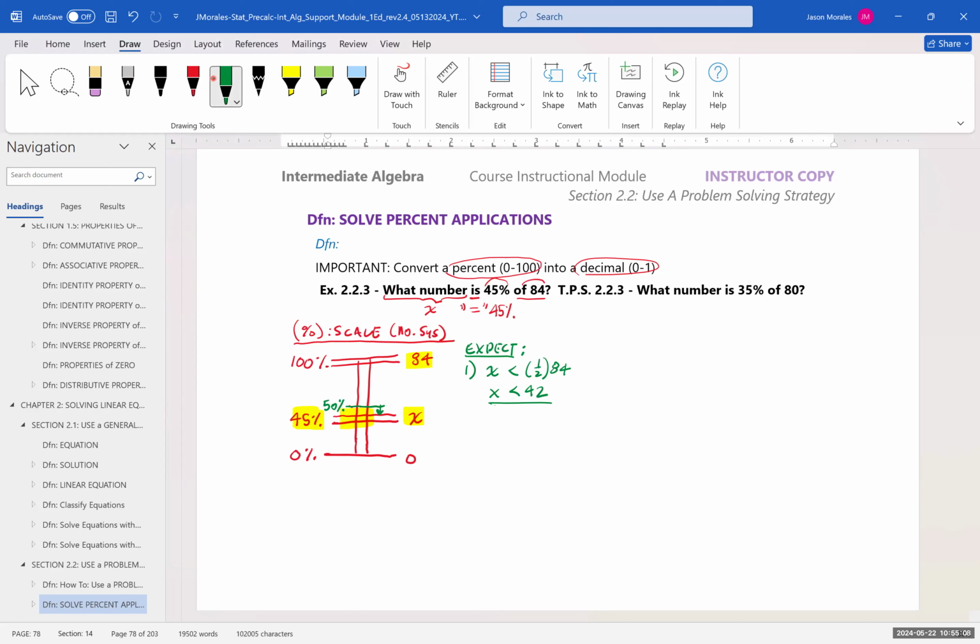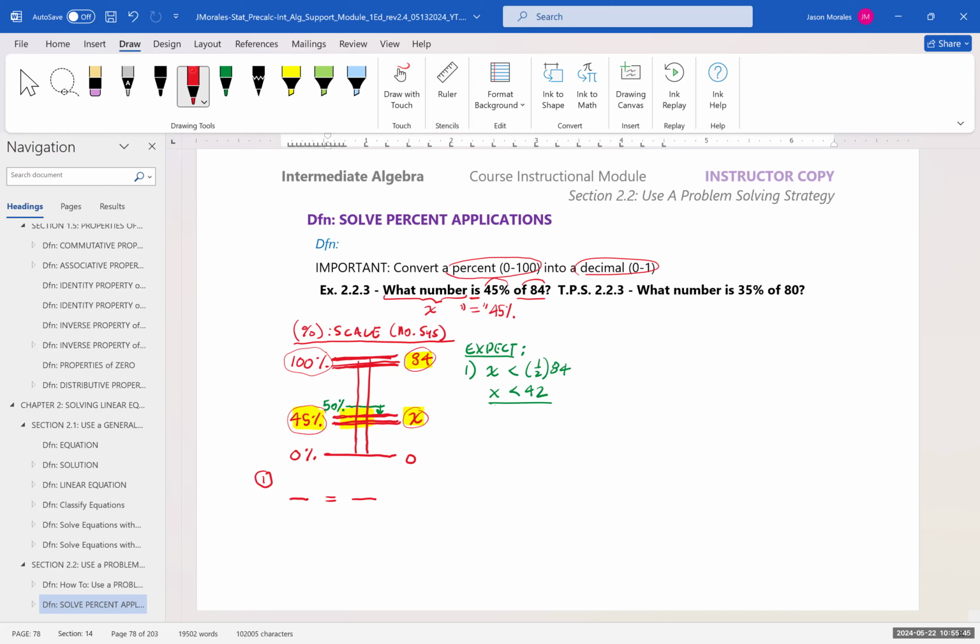Now that you have this scale, I drew it this way for a reason, with these double bars across the top. Think of these double bars as equal signs. So we've got 100% is equal to 84, and 45% is equal to x. One of the ways that we're going to solve this is to set it up as an equivalence of ratios.